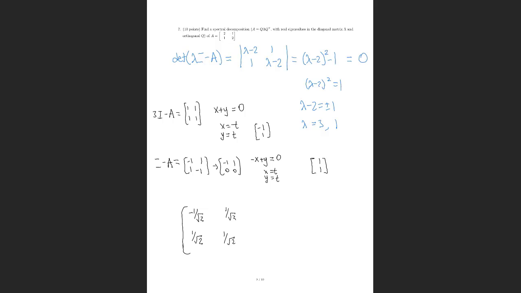Then putting those results into a matrix as columns gives us a matrix Q. Your capital lambda is just the usual diagonal matrix with the eigenvalues across the diagonal.